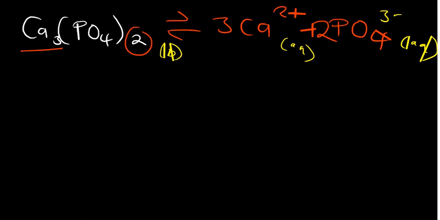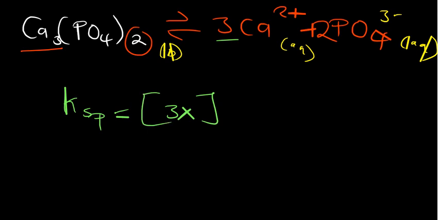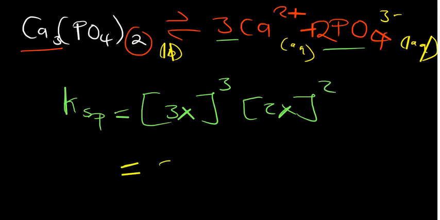So in this case, our KSP is going to be what? We have 3 there, so we have 3x to the power 3. The other one we have 2, so we'll put 2x to the power 2. So we have 27x to the power 3, then 4x squared, because 3 to the power 3 is 27 and 2 to the power 2 is 4. 27 times 2 is 54. 54 times 2 is what? 108.